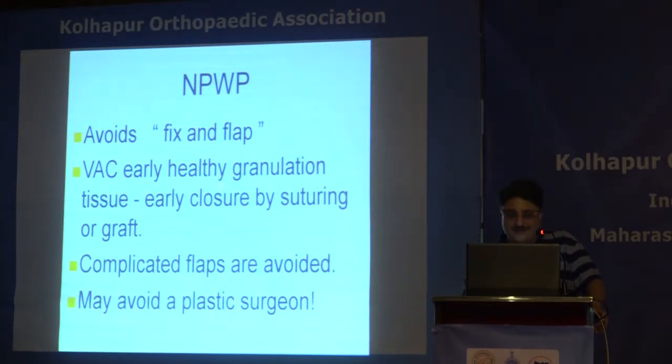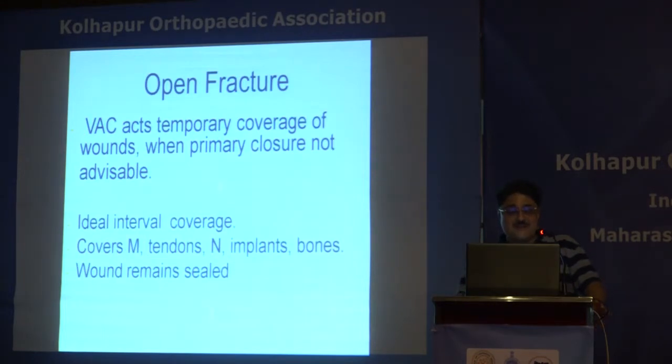In open fractures, VAC acts as temporary coverage of the wounds when primary closure is not advisable. It is an ideal interval coverage, covering muscles, tendons, implants, and bones.